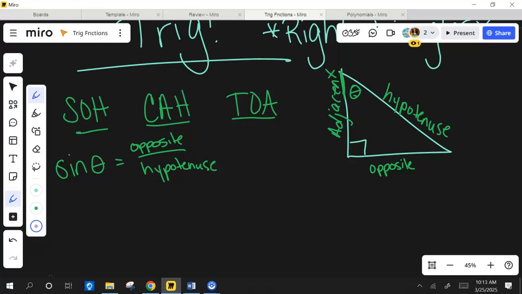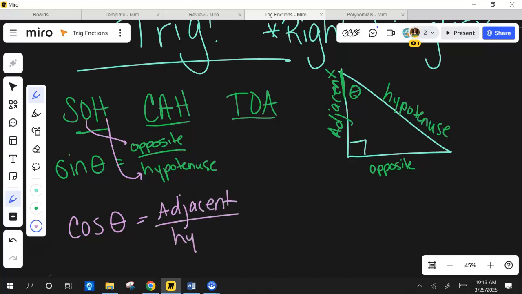It's a ratio of numbers. Yes, because it's opposite over hypotenuse. The same for the rest. So the cosine of theta is adjacent over hypotenuse.